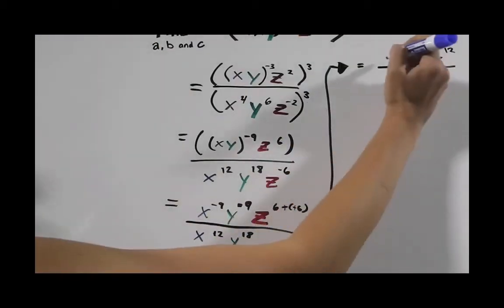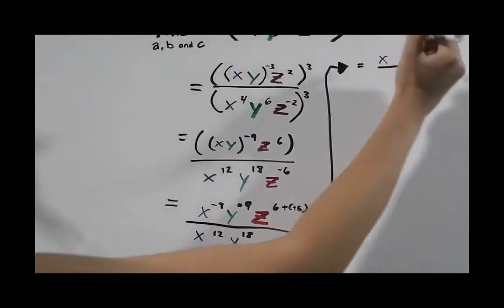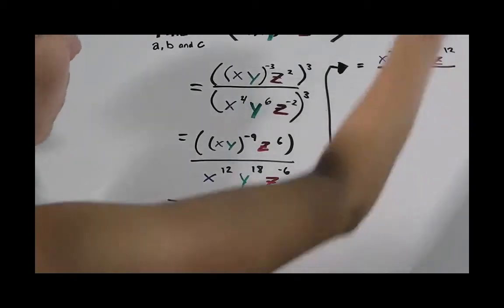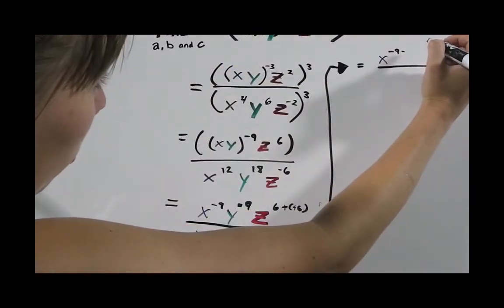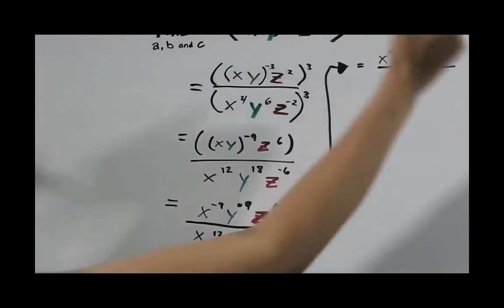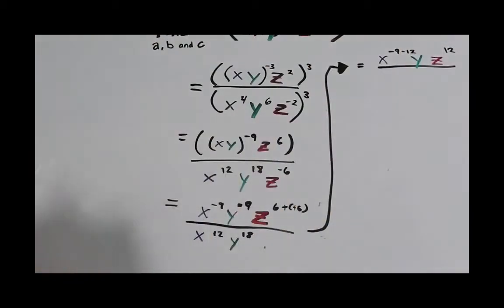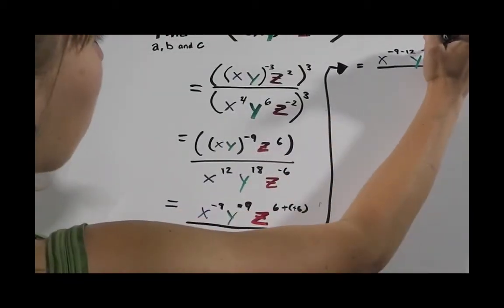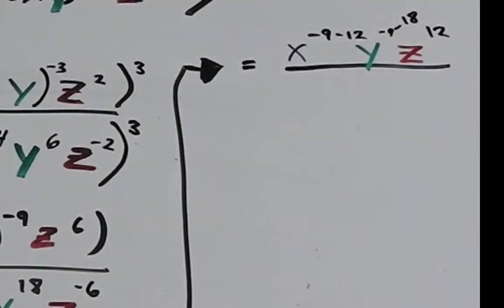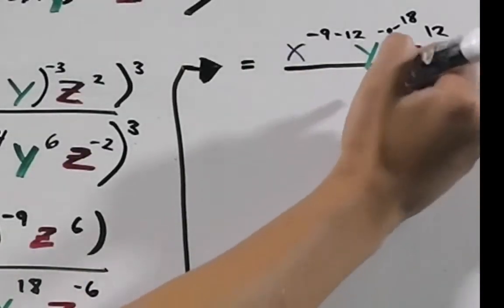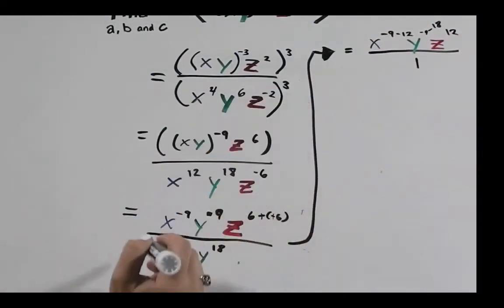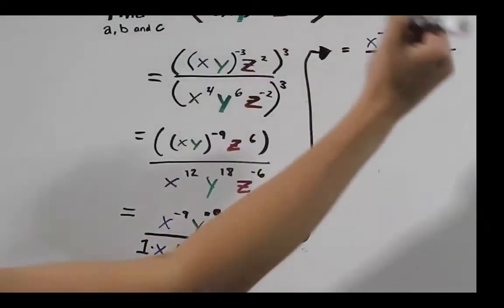So what we have here is x to the power of negative 9 minus 12. And we have a y here with a power of negative 9 minus 18. So, in the end, this is now all over 1, just because we brought both of these up as well, and all that's left in the bottom is a 1. You could even say there's a 1 multiplied in the front here. It doesn't matter.